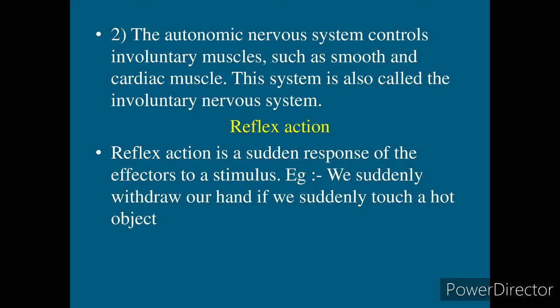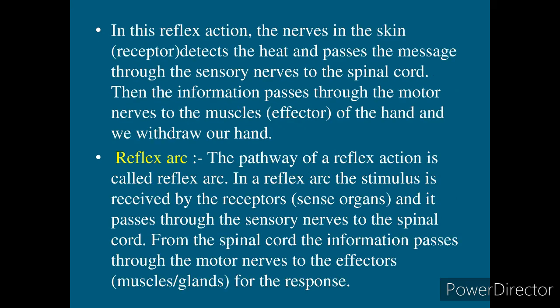Now, let us see what is happening in the reflex action. The nerves in the skin are called receptors. They detect the heat and pass the message through the sensory nerves to the spinal cord. Then the information passes through the motor neuron, or the nerves, to the muscle.